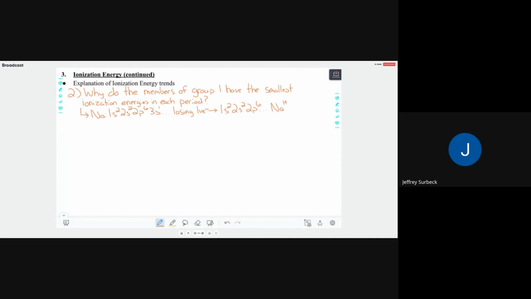And by losing this, sodium has obtained that noble gas electron configuration.